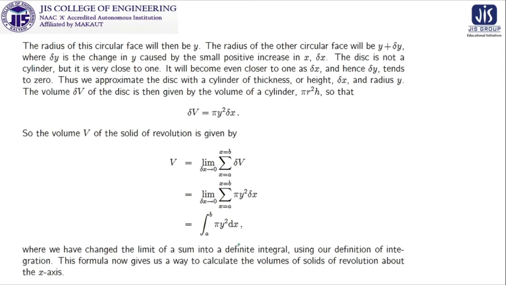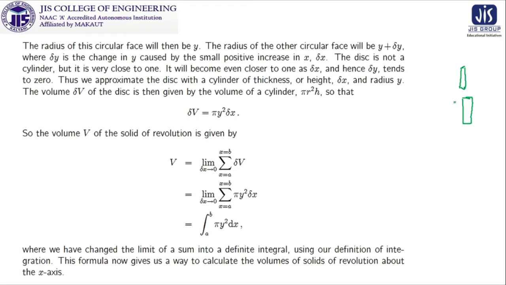Now the disc is not a cylinder, but it is very close to it, because the initial circular area and the final circular area are not the same. We can't claim it is 100% a cylinder, because in a cylinder it has to be like this, but we can claim that it will be very close, and if this is very small, then it will be a cylinder.